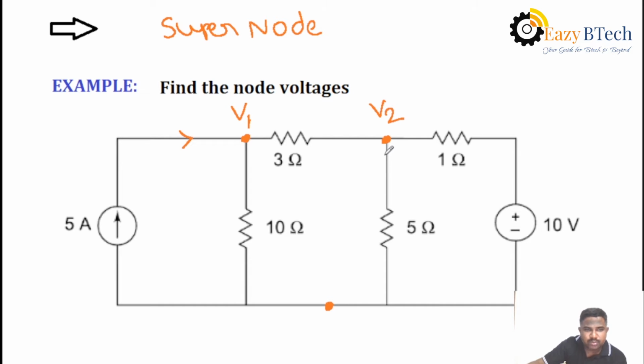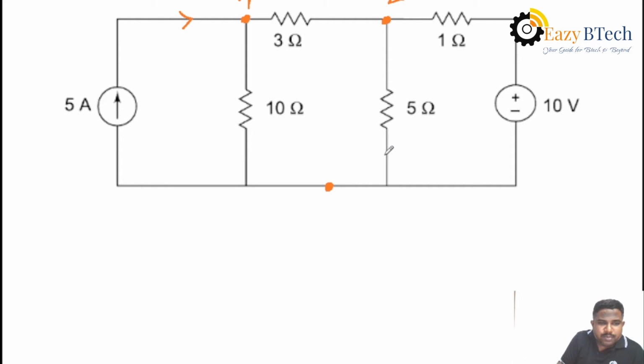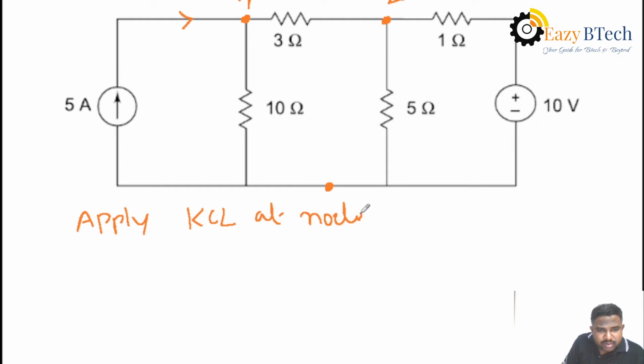For example, here apply KCL. That means you have to write the equations, applying KCL at node V1, the first node. At each node, you can apply KCL.